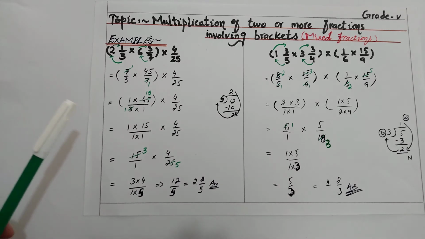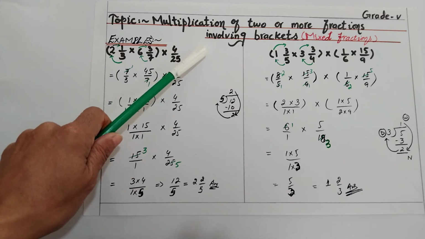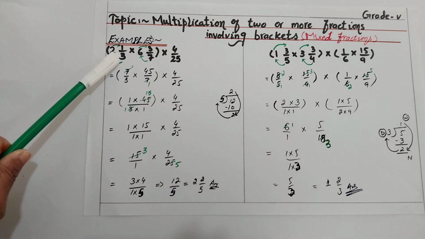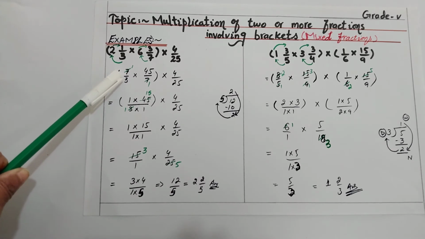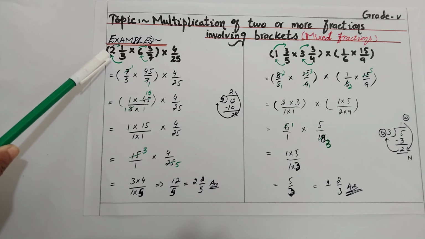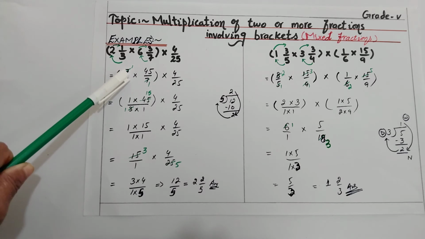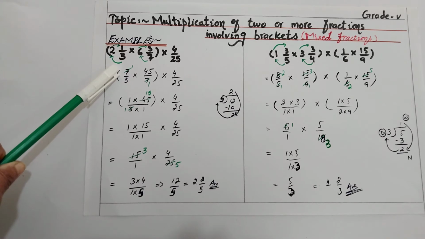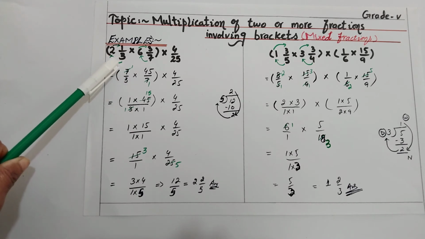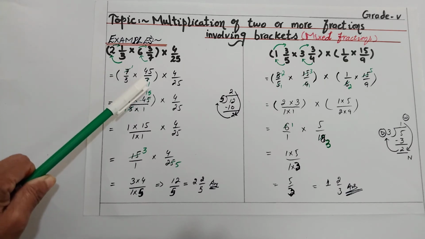So dear students, what is the procedure to solve the multiplication of mixed fractions involving brackets? Firstly, you have to simplify the mixed fractions in the form of simple fraction, and then in the same step the bracket will remain over here, because till the simplification of the mixed fraction we will write the bracket in the same place. Okay, so when we will simplify the mixed fraction, you have to check whether there is any common factor for these numbers.